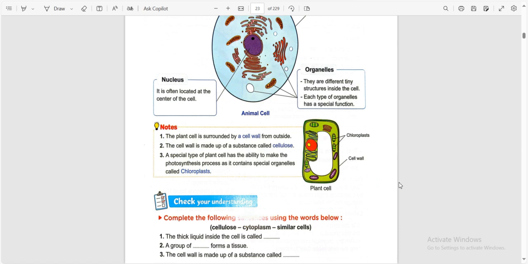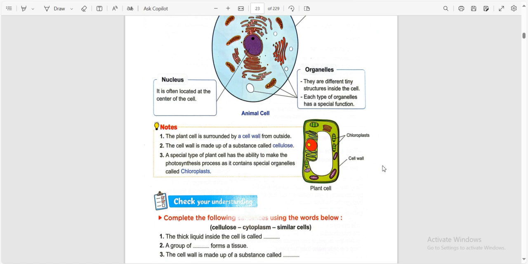But first, we need to know that there is a difference between the plant cell and the animal cell. For example, the plant cell is surrounded by a cell wall from outside. The animal cell is not. The cell wall is made up of something called cellulose, which is a kind of sugar which gives it the hard texture to give it a definite shape.